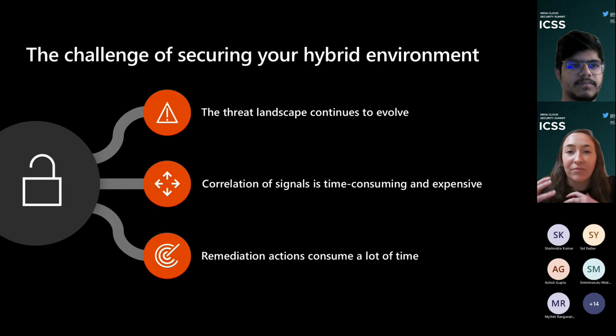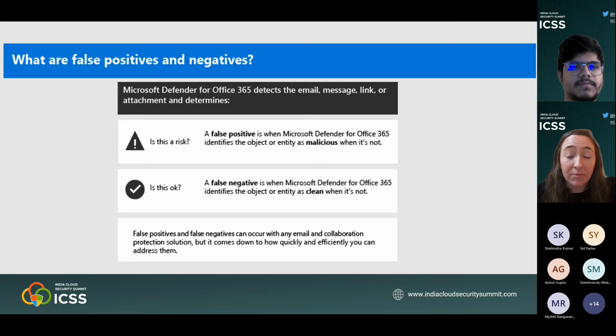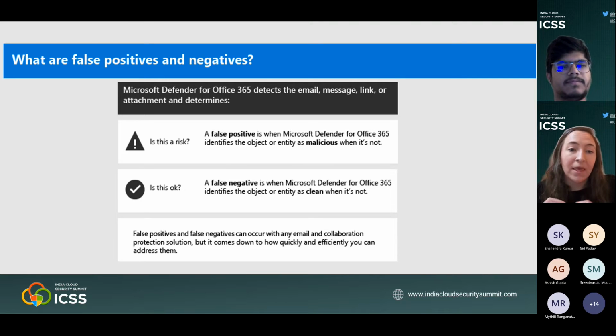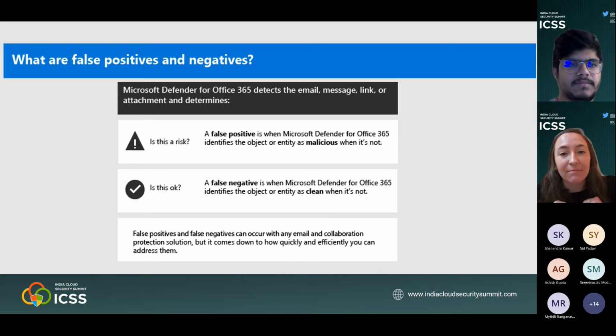So now, again, just to define some terms that we're going to be using. First, we're describing the Microsoft Defender for Office 365 product, which we do often refer to with the acronym MDO. Our presentation is focused on false positives and false negatives. A false positive, or FP, is when something is identified as malicious, but it's not.